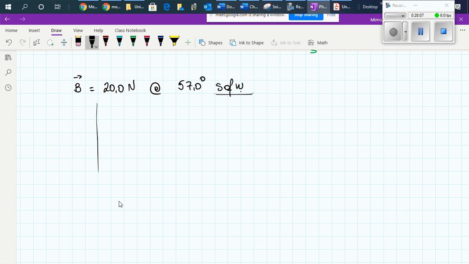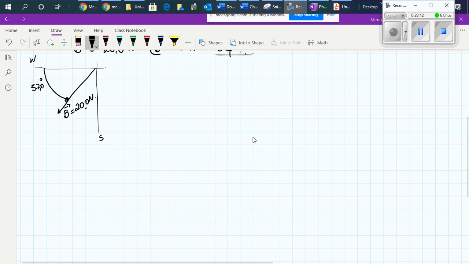You may draw all the axes, or you may just draw the south and west axis. And then it's starting from west, moving at 57 degrees. So this is 57 degrees with a magnitude of 20 newtons. And this is how we represent this vector. Is it clear? Do you have questions?